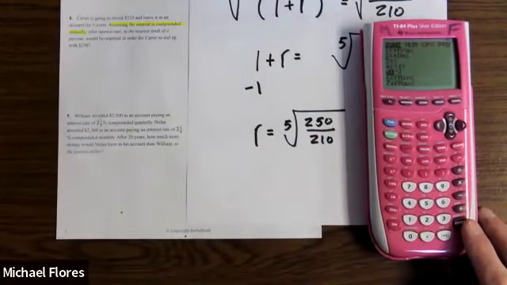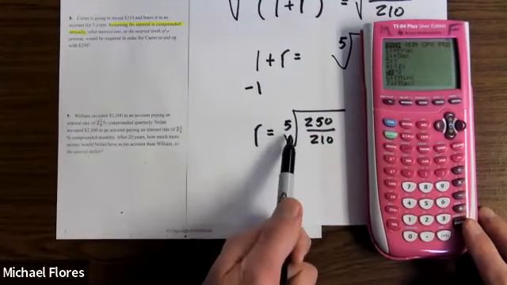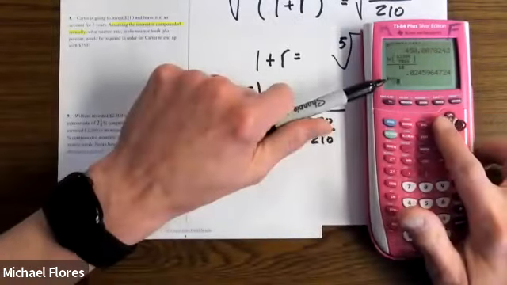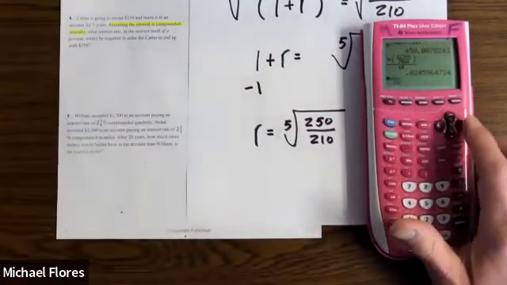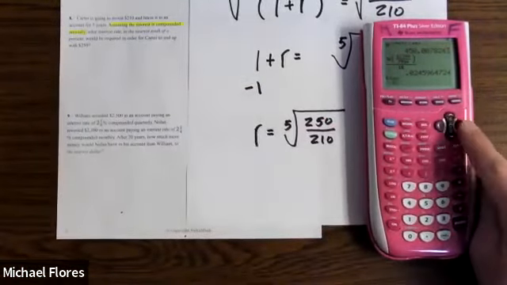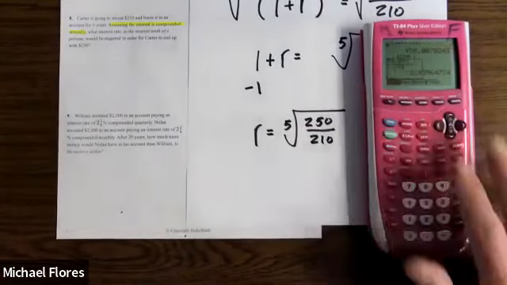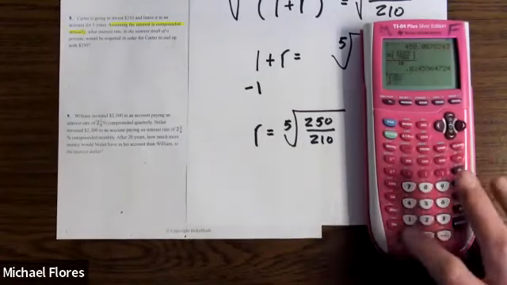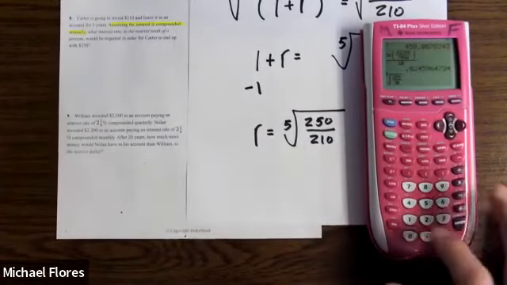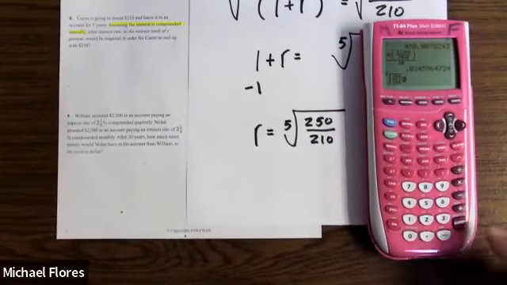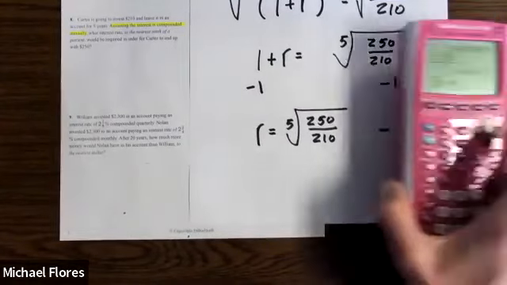It has a little x where you would see the 5 in my example here. Now, for some reason, it says answer there, so I'm going to scroll over and put 5. We're putting the fifth root in its place. Inside that root, I want 250 over 210. And then make sure you're outside of the root now and do minus 1.